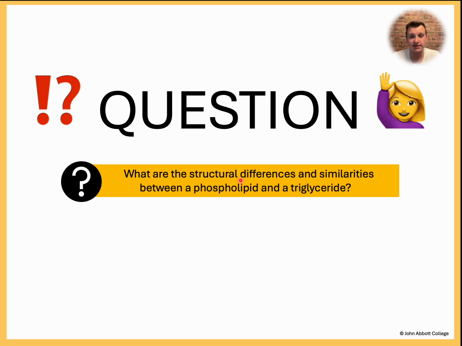I'll pause and take a minute to let you take a look at this. All right, so the triglycerides, right? Triglycerides will have 3 fatty acid tails, 3 fatty acids.